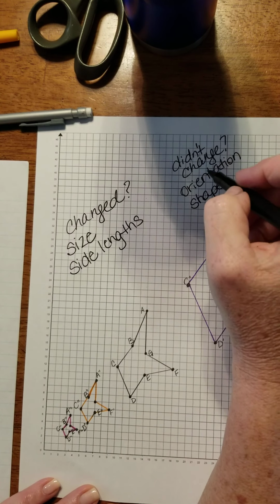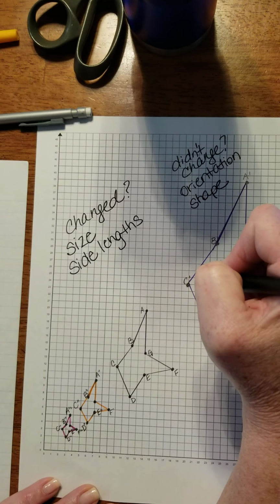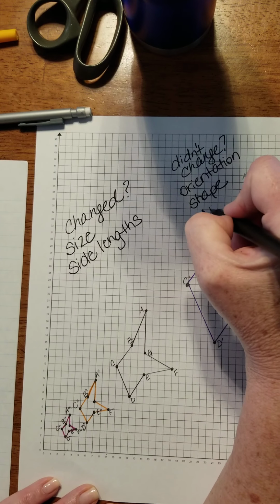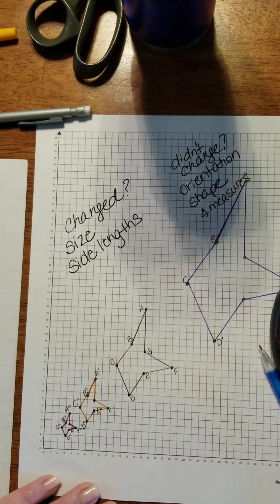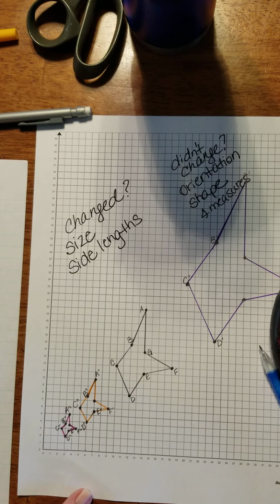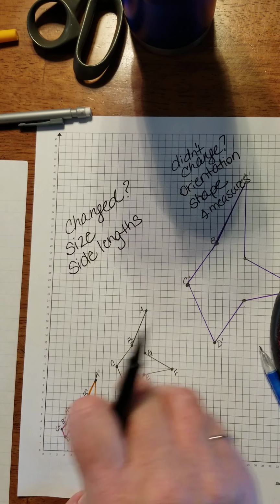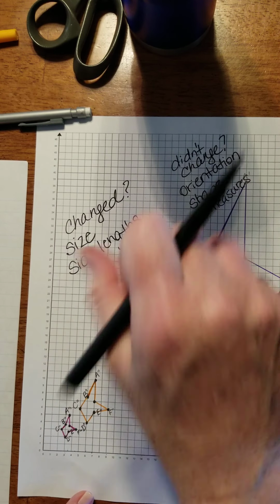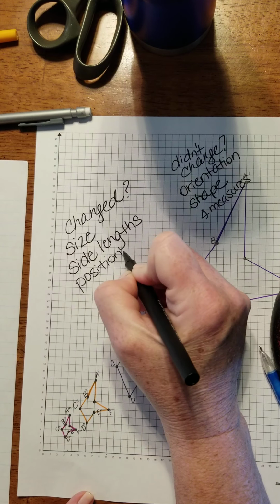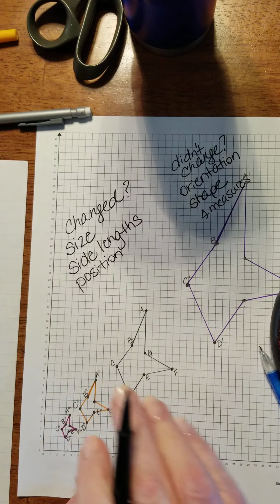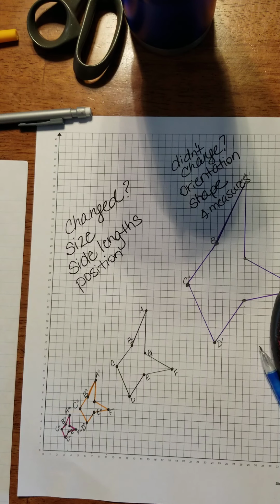What about the angle measures? The angle measures did not change. But the position also changed, because rather than being here, it's over here. So the position, or where it's located in space, does change. Okay?